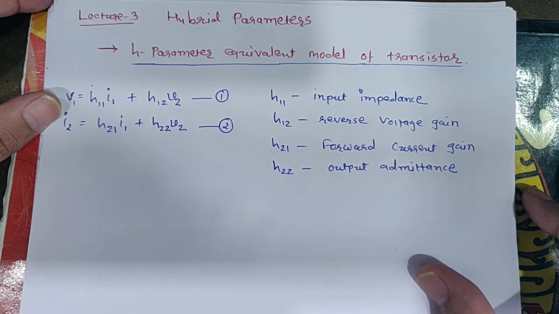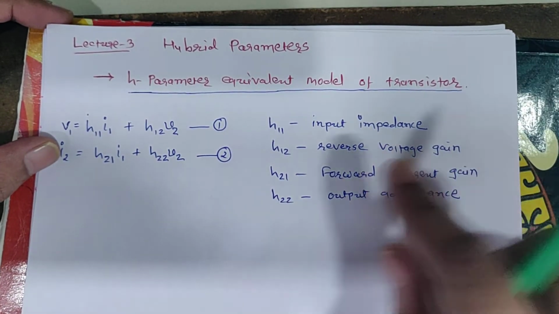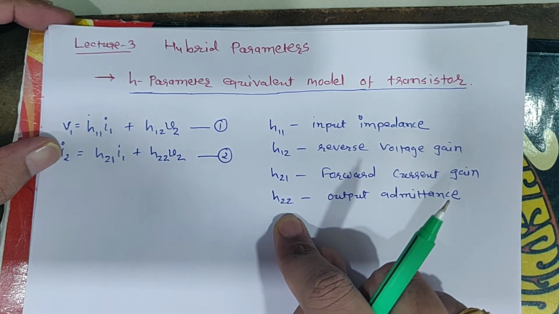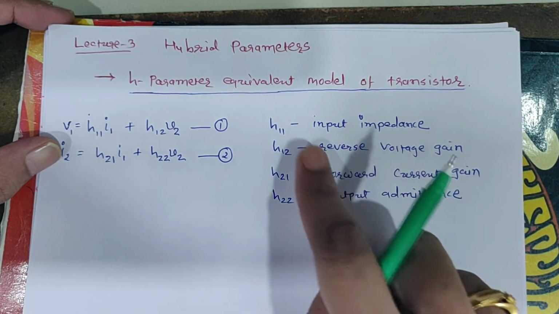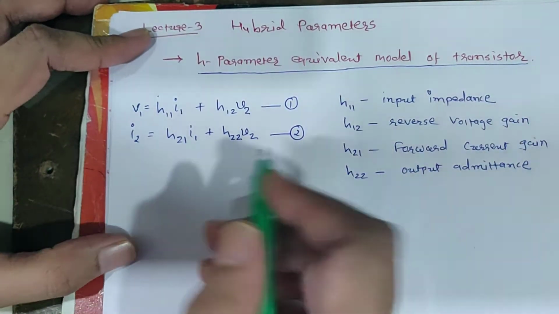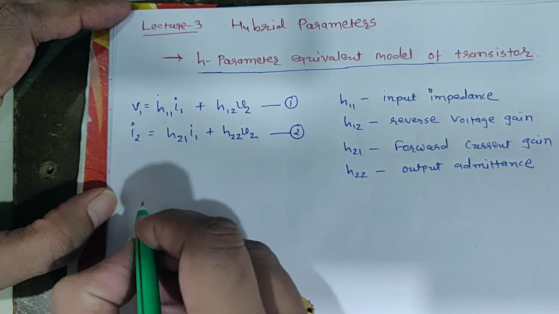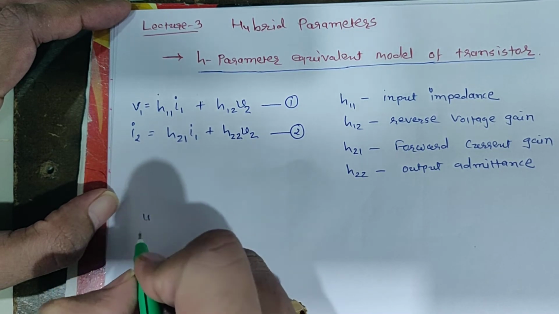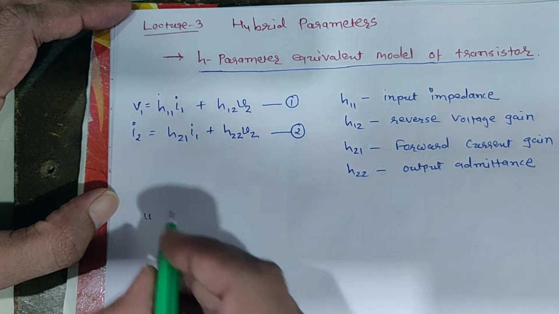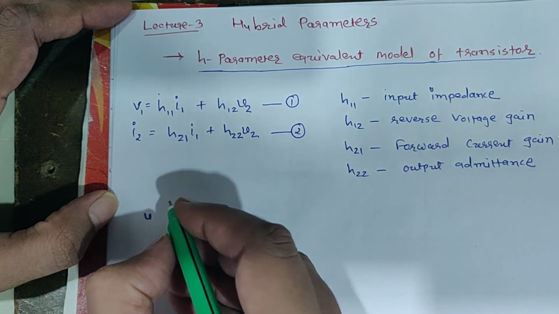Right now we are representing the parameters with different names related to transistor parameters. So we will rederive these two equations into a new format. Here we have taken V1, V2, I1 and I2 in small letters, because we are dealing with AC quantities.